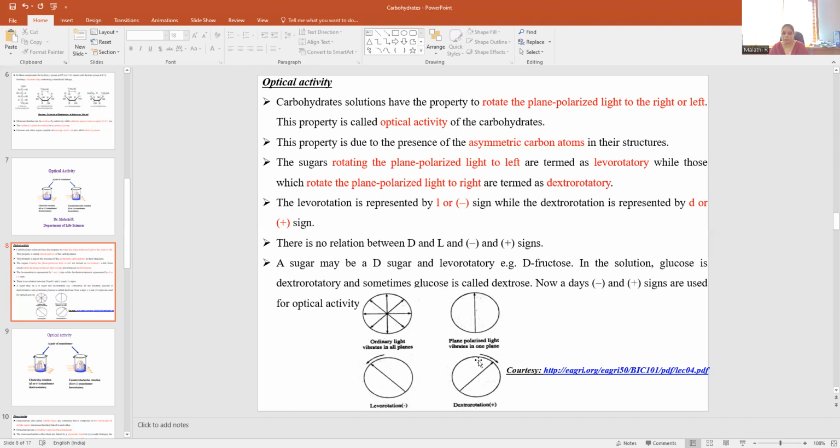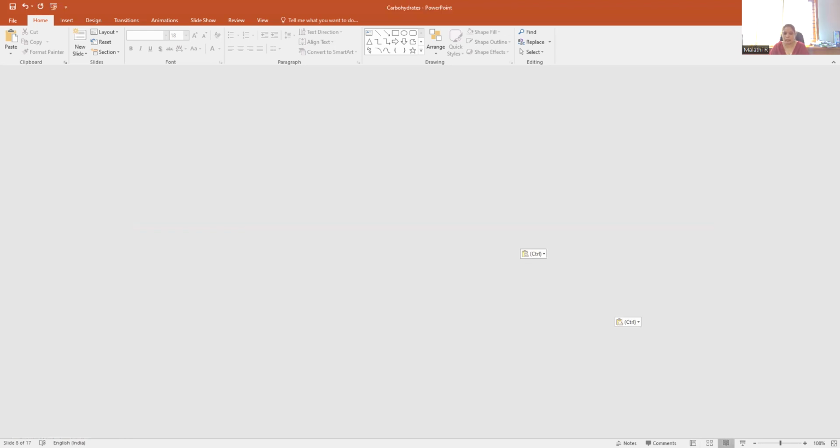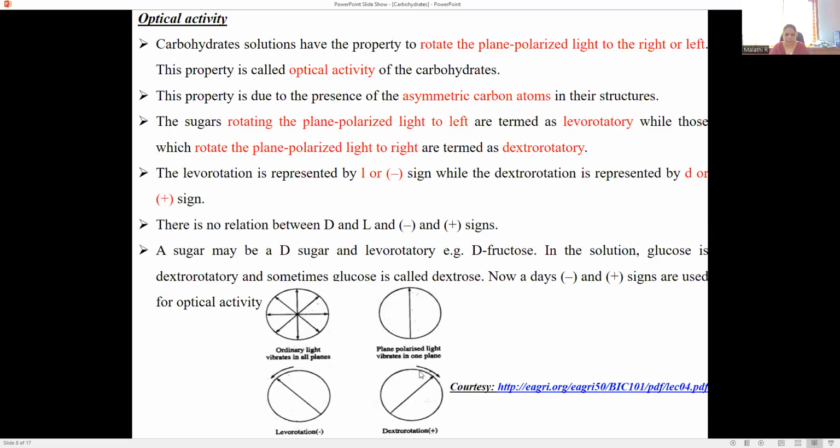Now in the solution, if you have glucose, already we have discussed that glucose is a dextrorotatory sugar. So glucose can rotate the plane of polarized light towards the right. You can see it is rotating like this. The plane of polarized light from the center has started moving towards the right side. That is why it is called dextrorotatory, or it is denoted by the plus sign.